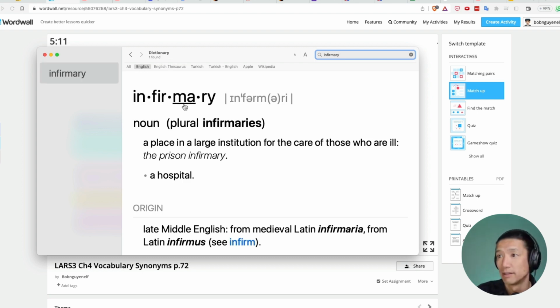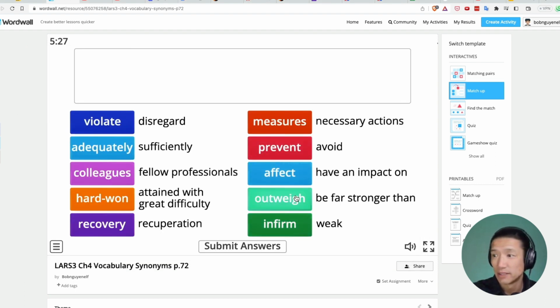An infirmary is a place in a large institution for the care of those who are ill, like the prison infirmary. It could also be a hospital. I would use this term in the battle, in the war, something not permanent. It treats people who are weak. To be infirm means to be sick, to be weak, to be handicapped, or be disabled by some accident.